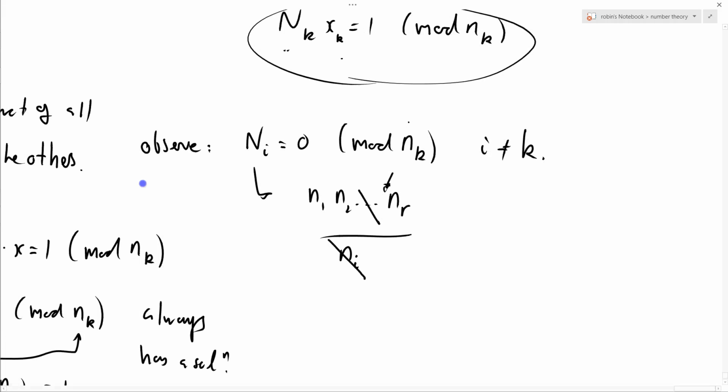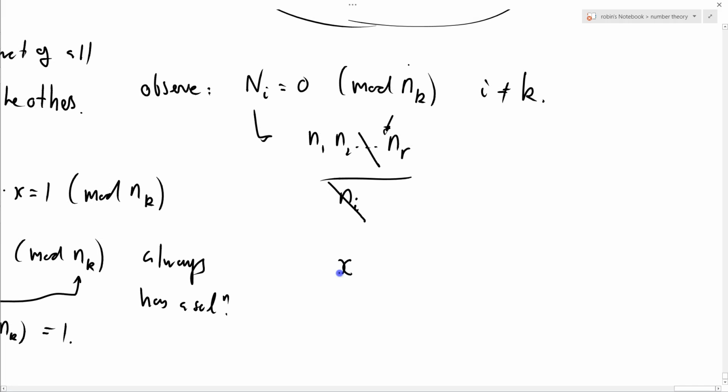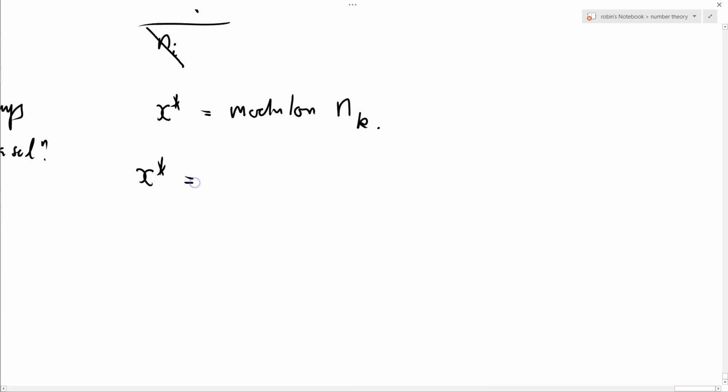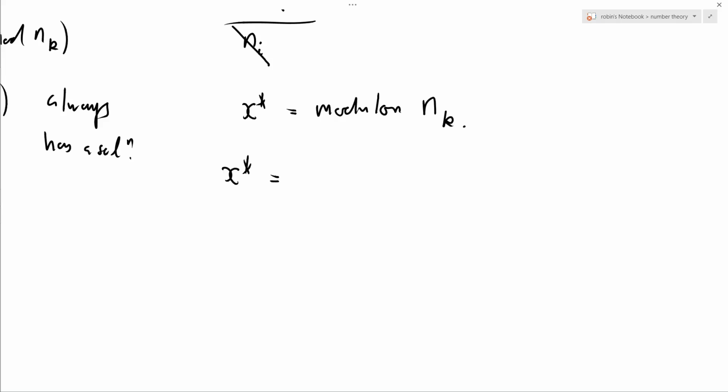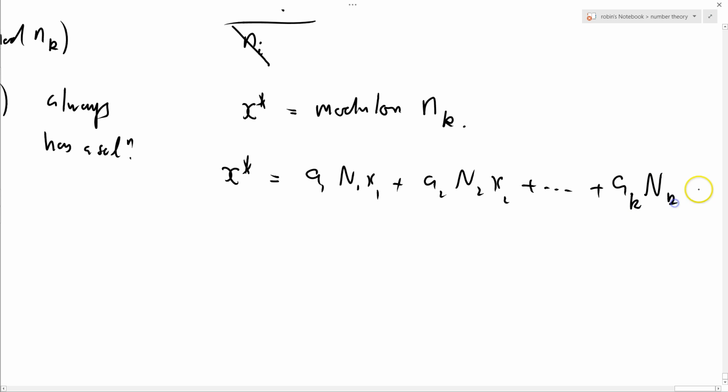Okay, so if I think about what this answer x star is, I'm going to work out what that is modulo nk. Well, let's just write it out again. x star equals a1 N1 x1 plus a2 N2 x2 plus ak Nk xk. Well, these are all zeros.